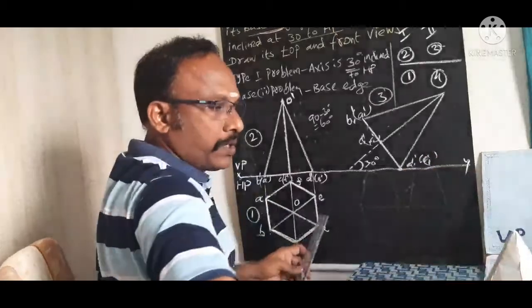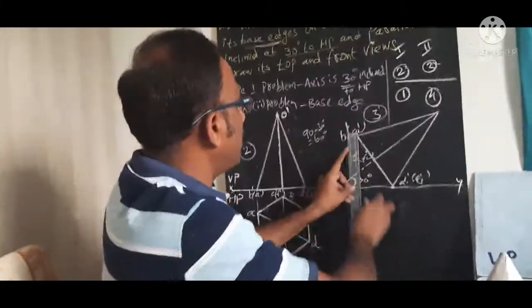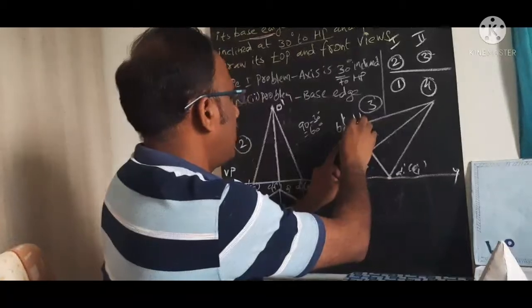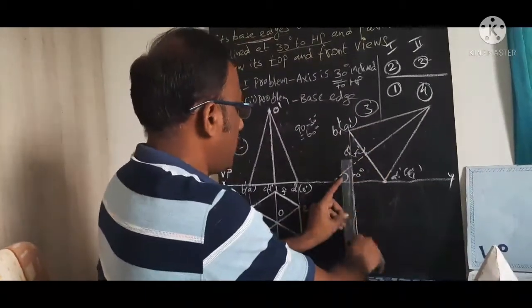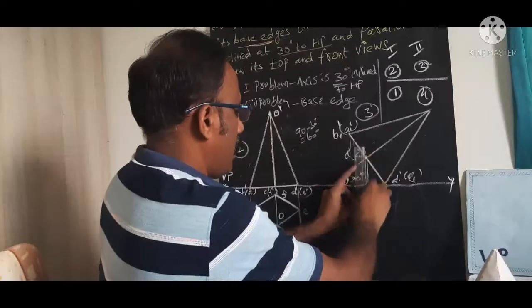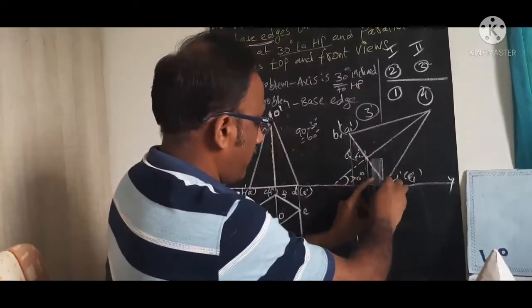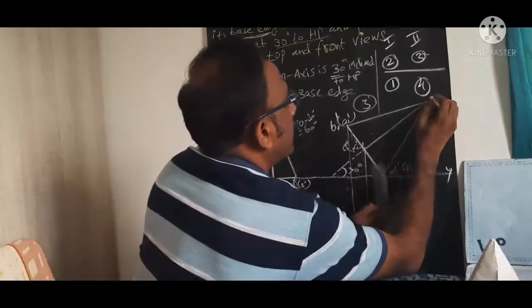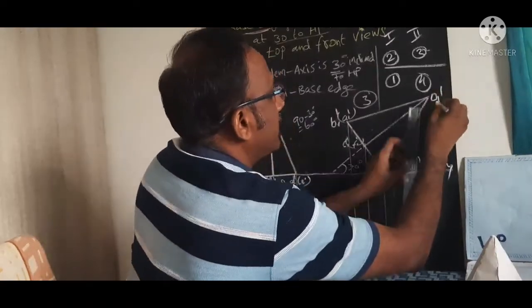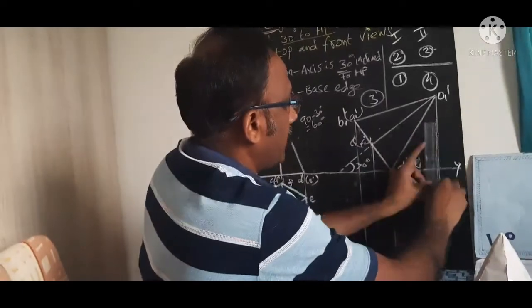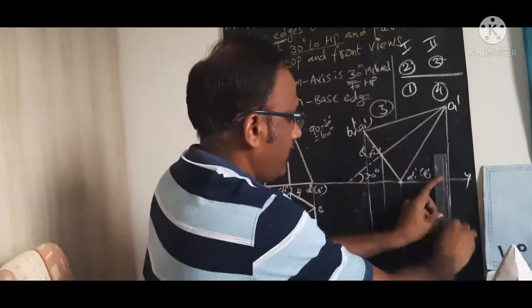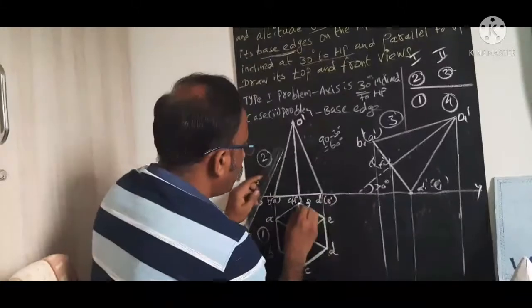Now we come to the last step, for which draw the vertical line from these points, these front view points, right? First you draw the vertical line from these points, and also from this point I will mark it as O1 dash. From here also you need to draw this vertical line, right? Now we draw the horizontal lines from these points.